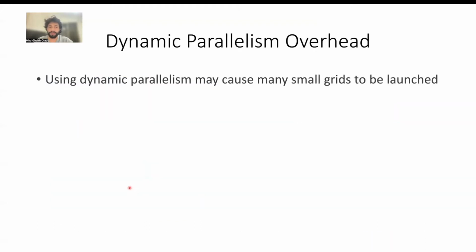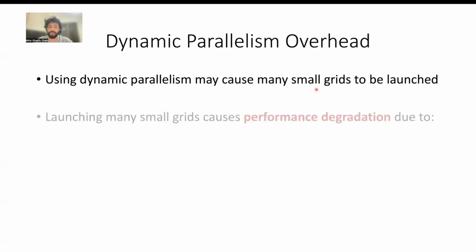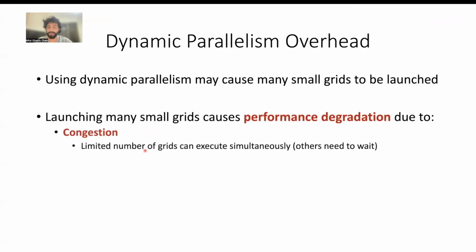However, in practice, using dynamic parallelism may cause many small grids to be launched, and launching many small grids causes performance degradation due to congestion, because devices do have limitations on how many grids they can execute simultaneously.